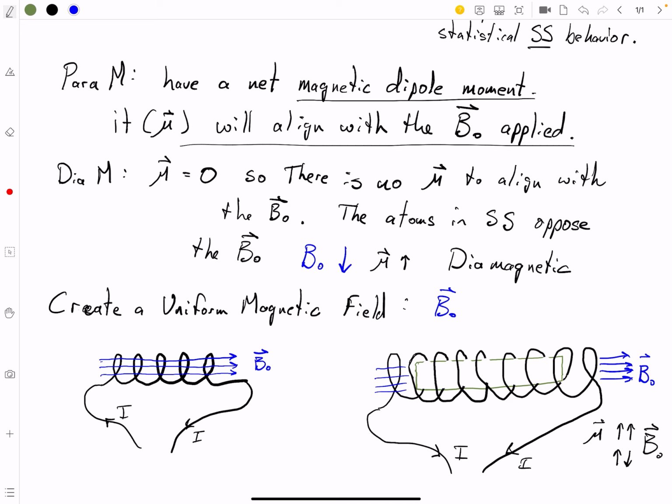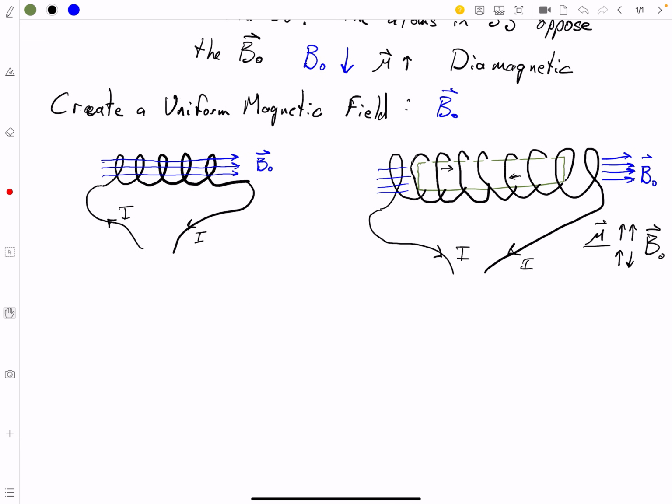Okay. All right, so each one of those little atoms in there will be wanting to align or anti-align their dipole moment. Okay? So far, so good. So what is the energy of that alignment and anti-alignment?